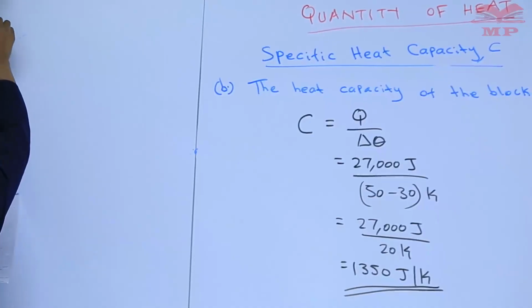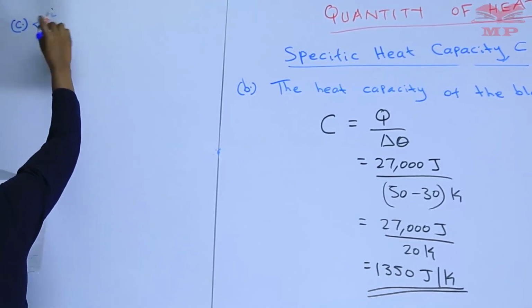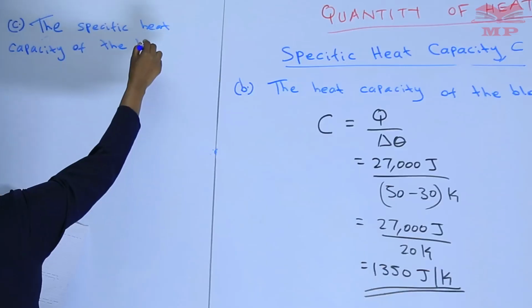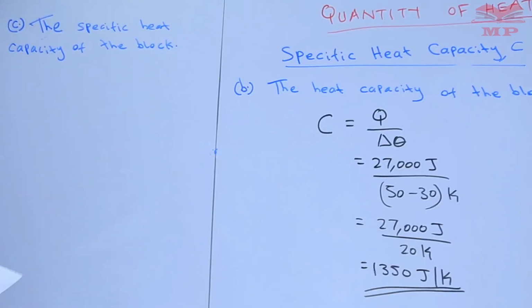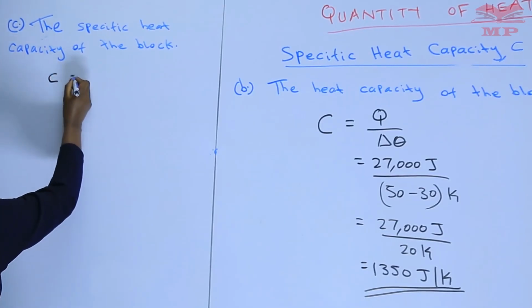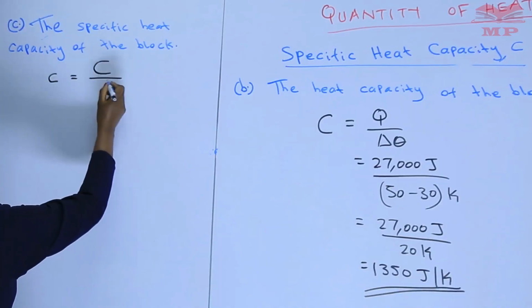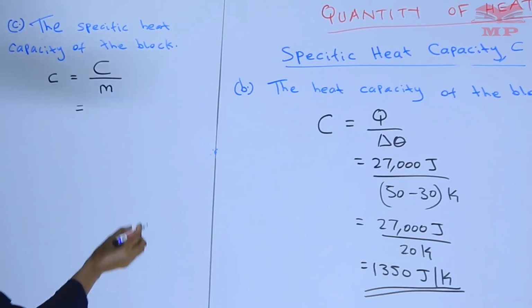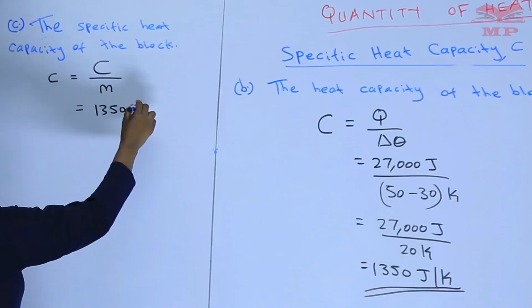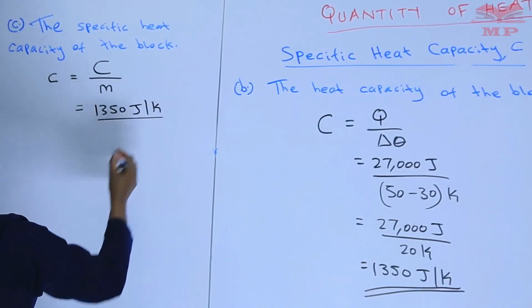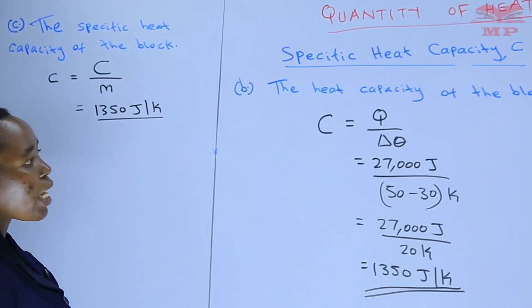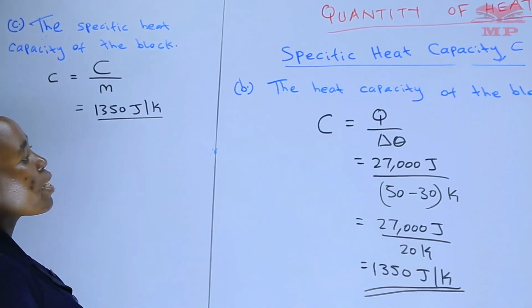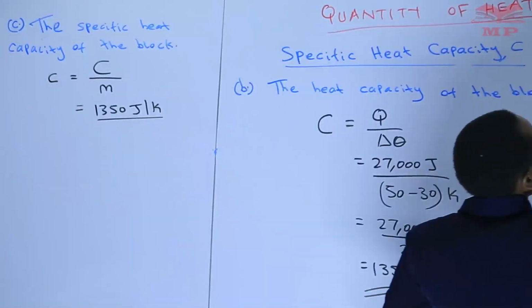So we are told to find, part C, the specific heat capacity of the block. So that is very easy now that we have the heat capacity, and we say that specific heat capacity is heat capacity per unit mass. So we have our specific heat capacity as heat capacity, which is 1350 joules per Kelvin, divided by the mass of the block in its SI unit, which we are given as 1.5 kilograms.